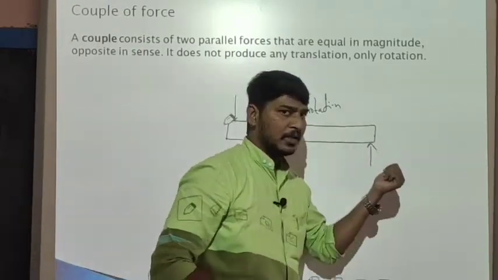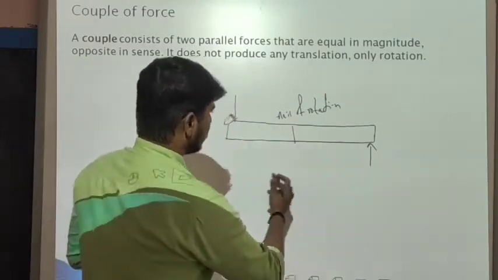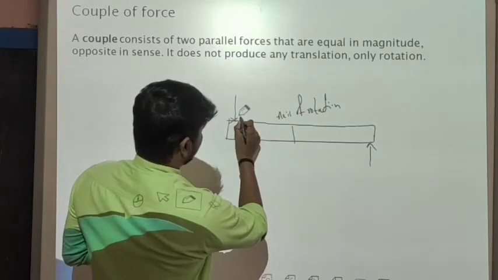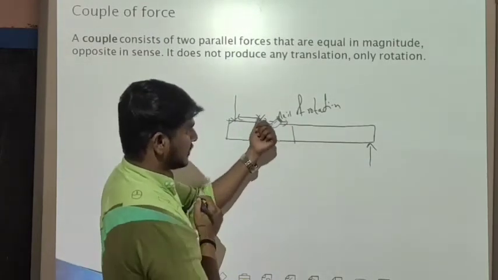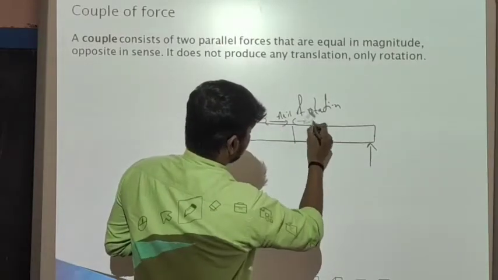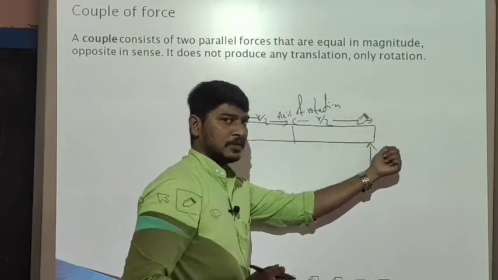What we are going to observe is very simple. This is the distance vector from the axis of rotation, that is r by 2, and r by 2 is the distance from the axis of rotation to this point.